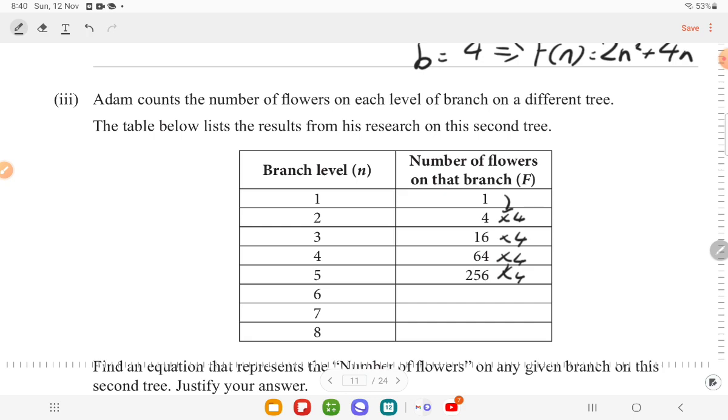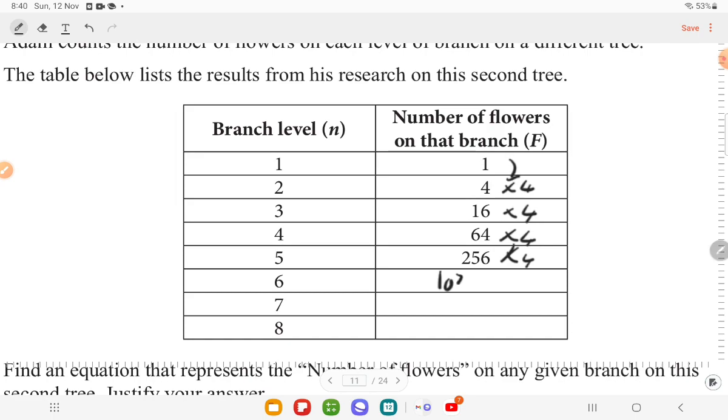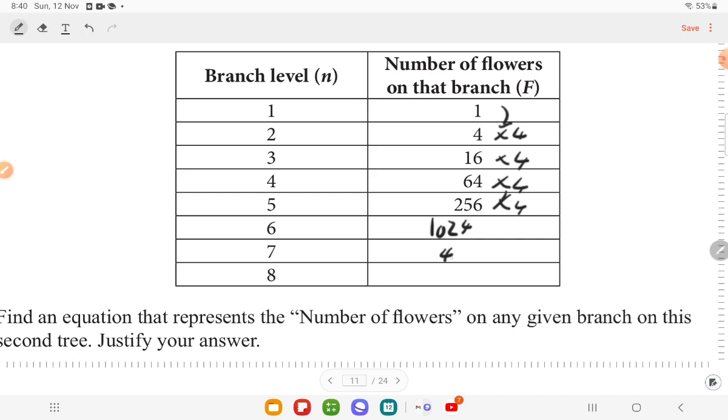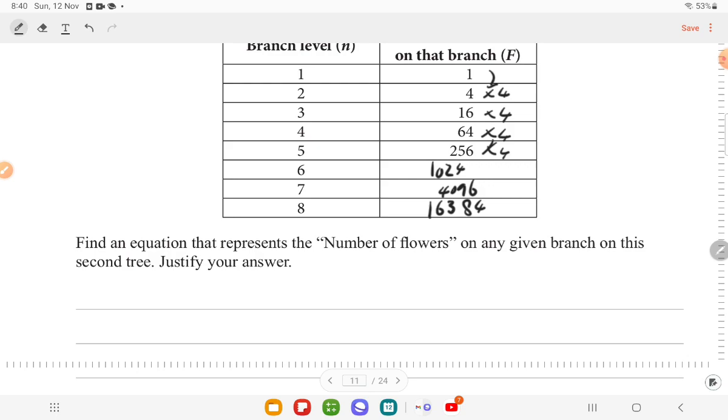So 256 times 4 is 1024, times 4 is 4096, times 4 is 16384.